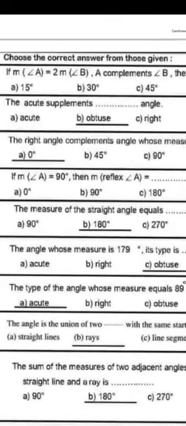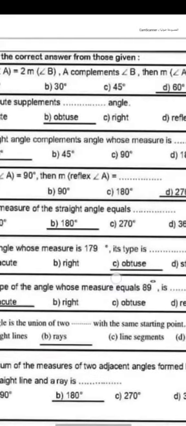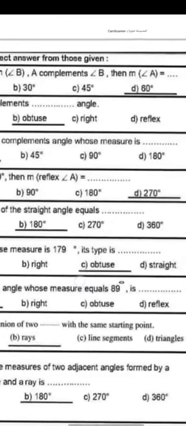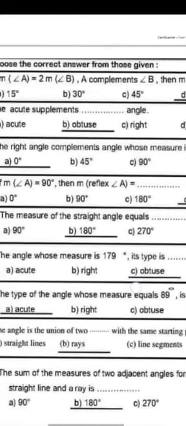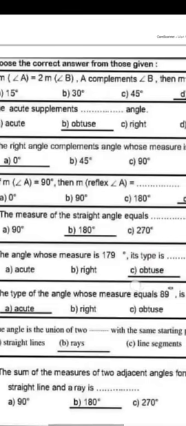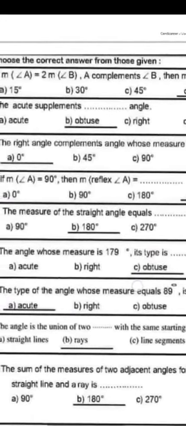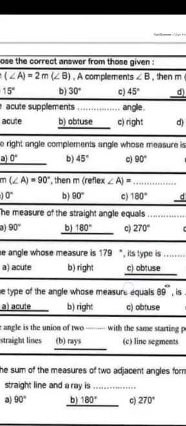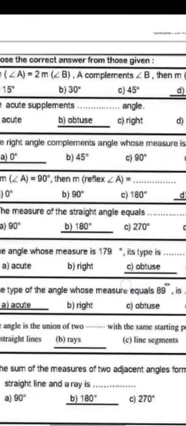Number 1, if the measure of angle A equals 2 times the measure of angle B and A complements B, then the measure of angle A equals... Sorry, it is complements, so the two angles add up to 90 degrees.